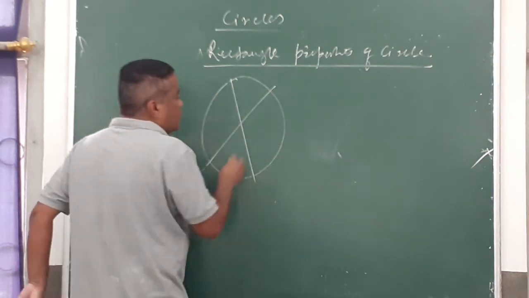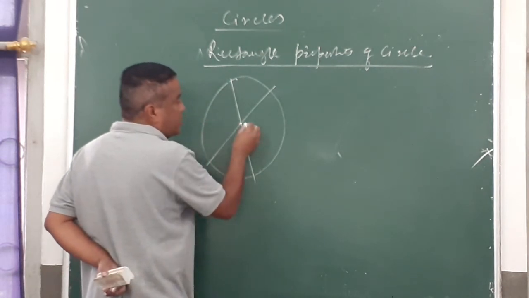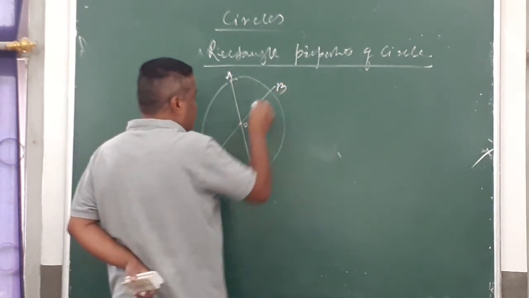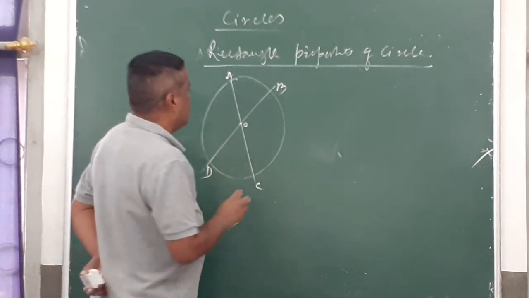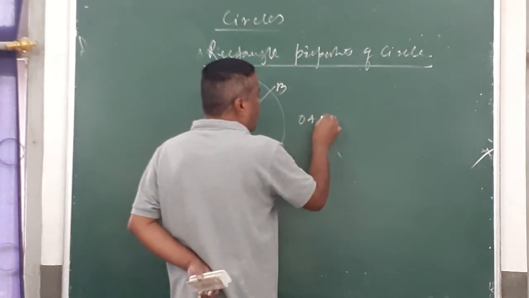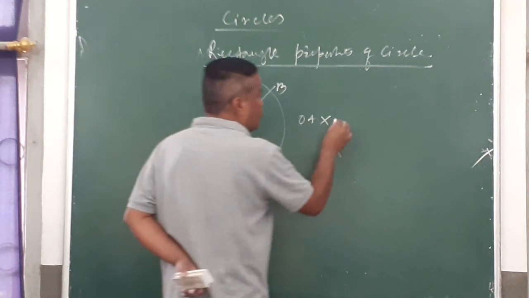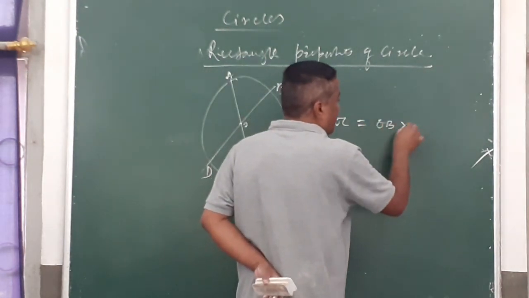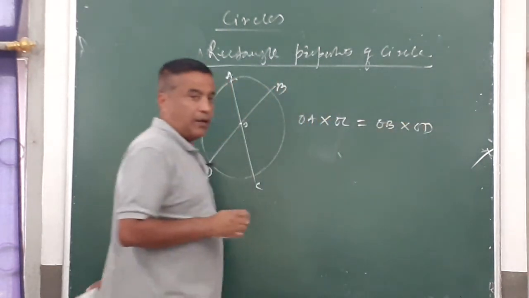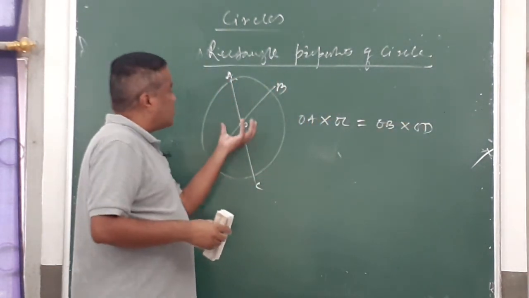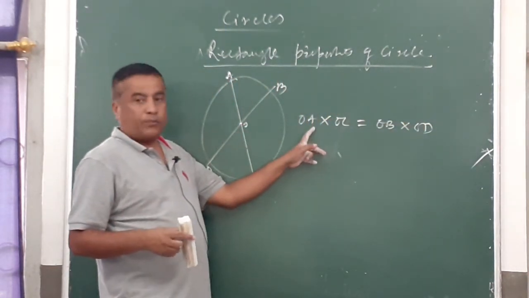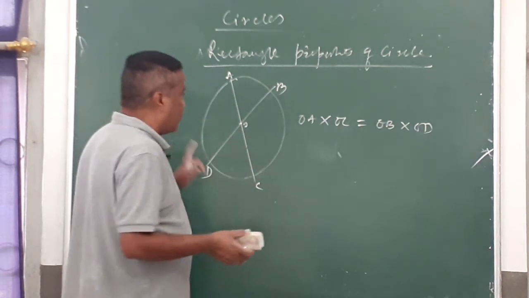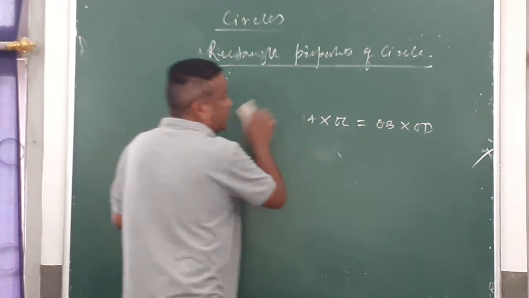Now these two chords are meeting at point, suppose A. So this is A, this is C, this is B and this is D. The formula will be OA into OC equals to OB into OD. This is the formula. Okay. Suppose this type of question comes, then this formula you have to apply, where OA into OC equals to OB into OD. This is number one under rectangle property.